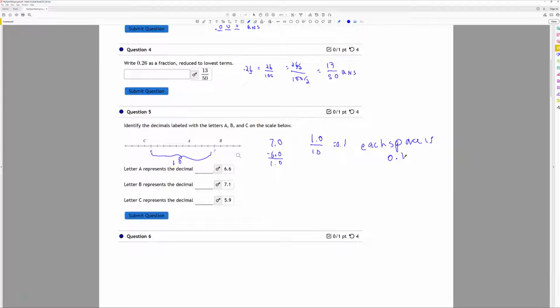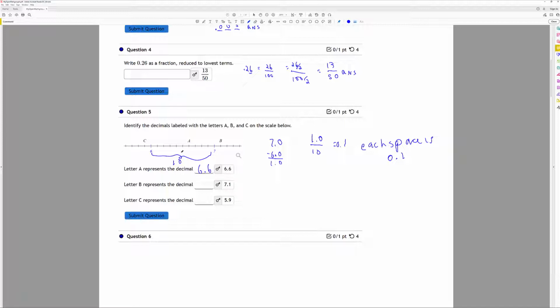Okay. So to get A, if I started at 6, and I counted up 1, 6.1, 6.2, 6.3, 6.4, 6.5, 6.6. So A is going to be 6.6.